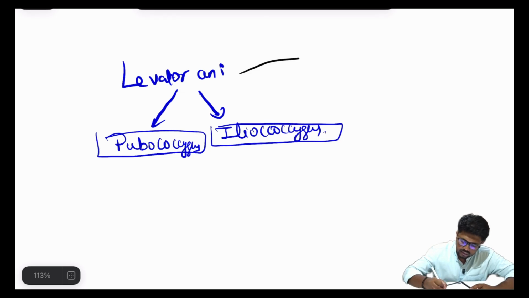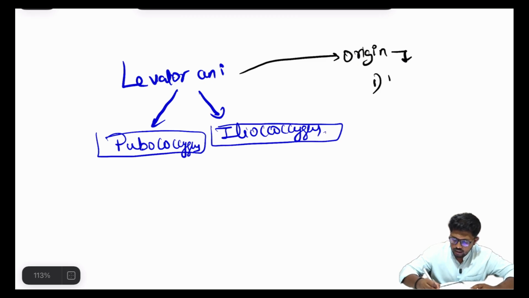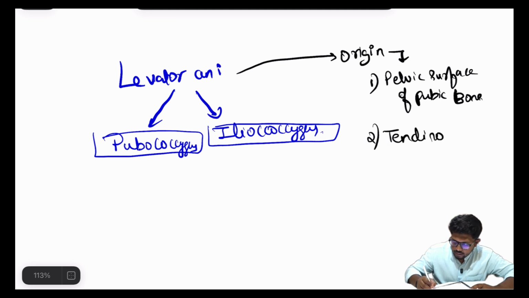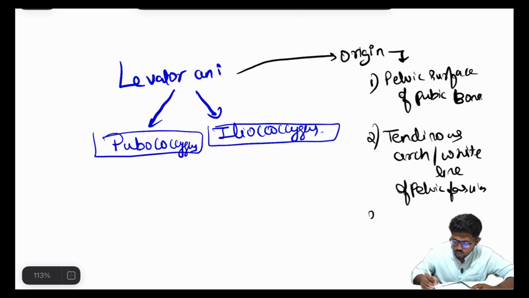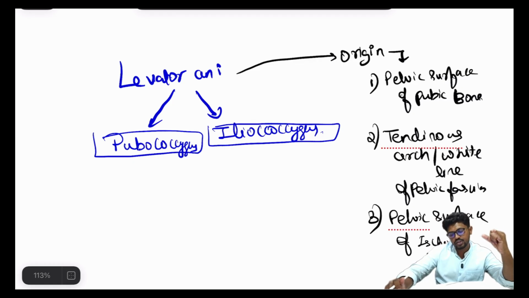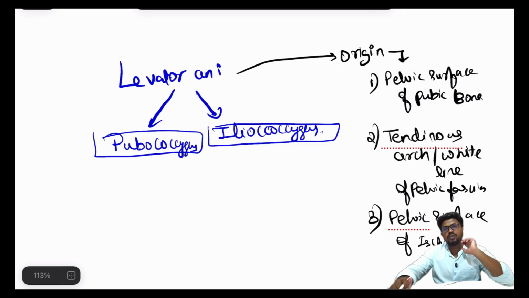In sum, the whole Levator Ani originates from firstly the pelvic surface of the pubic bone, secondly the tendinous arch or white line of pelvic fascia, and the third and last, the pelvic surface of the ischial spine. So both these muscles originate from the pelvic surface of the pubic bone, the tendinous arch or white line of pelvic fascia, and the pelvic surface of the ischial spine.